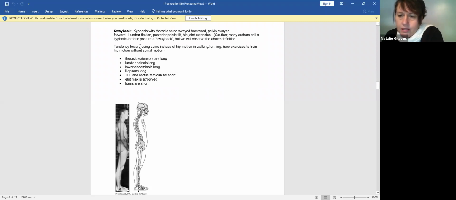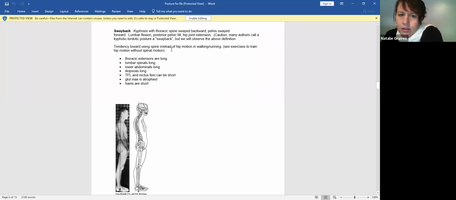I always remember that posterior pelvic tilt produces lumbar flexion. The hips have to do the opposite. If the hips were also flexing, then the person would fall forward. So the hips will do just the opposite of the lumbar spine.